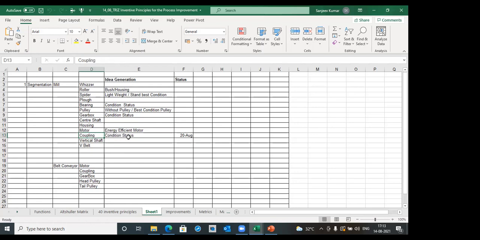If the coupling is not accurate, for example the bolt is loose or not aligned properly, then power is lost. So we have to check the present status and what corrective action is required. We will discuss with our teams, and the team will revert by 20th August if there are any findings.